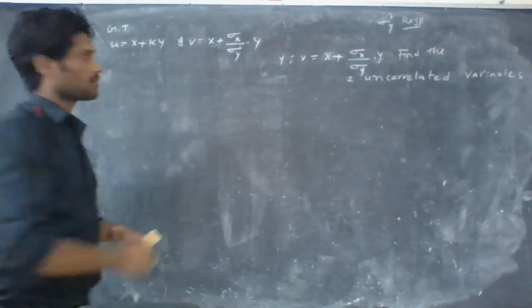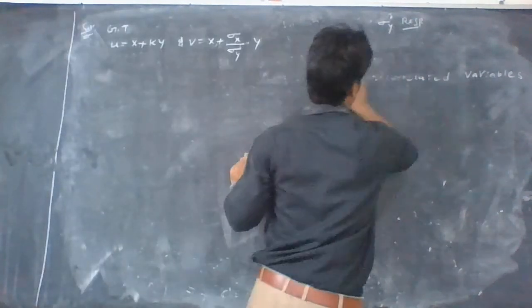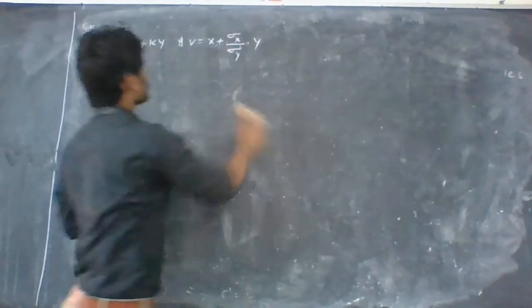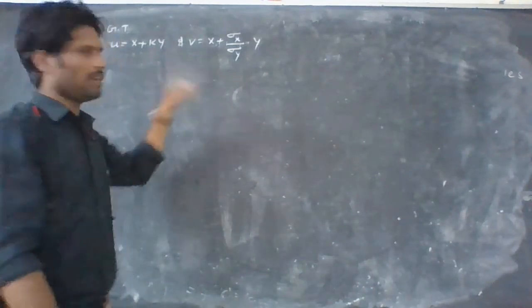Given two variables u and v. Now taking expectations on both sides, u and v respectively.